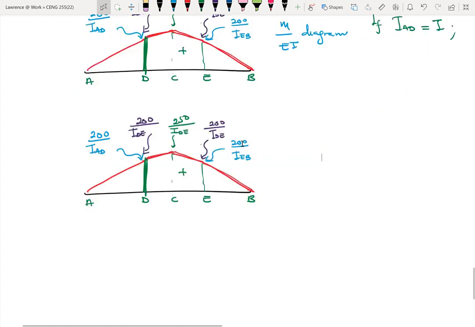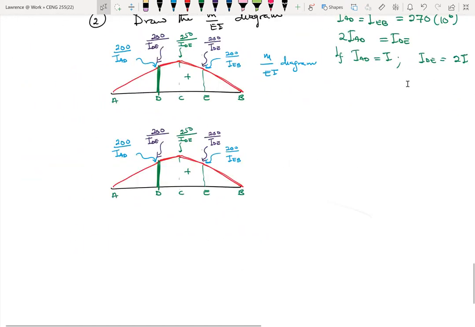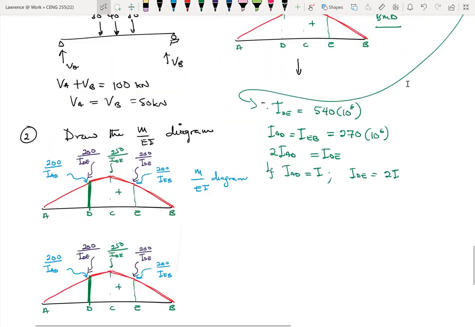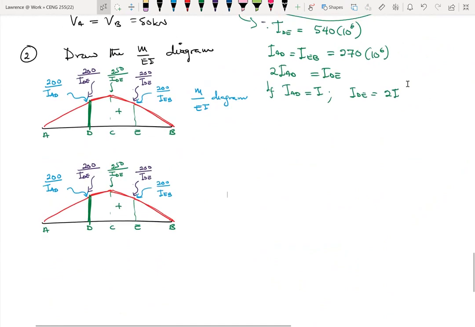Okay. So I know that wherever I see IAD, I can put in I. Here IAD is the same as IEB anyway, so they are both I. So whenever I see IAD or IEB, I can put in I to make things easier.